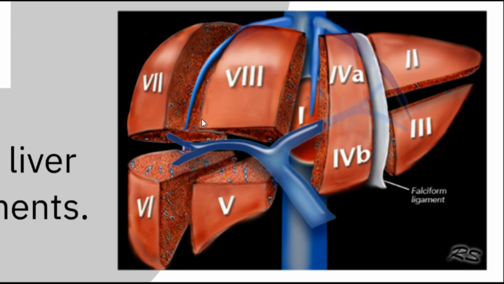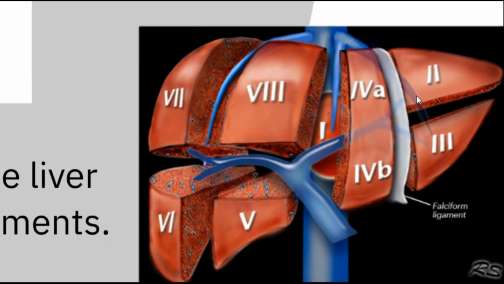So the right hepatic vein divides the right lobe into the anterior and the posterior segments, and then we have the middle hepatic vein dividing the liver into right and left hemiliver. And then we have the left hepatic vein, which divides the left lobe into the medial and the lateral parts of the left lobe. And of course, on the transverse plane, we could see the portal vein that divides into upper and lower portions.